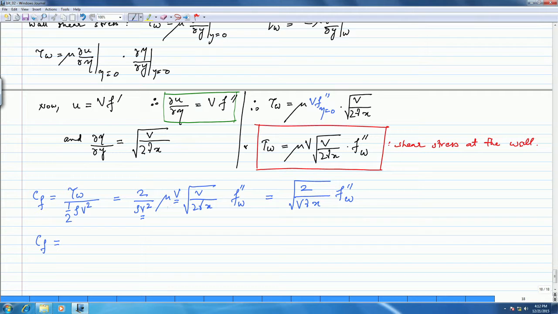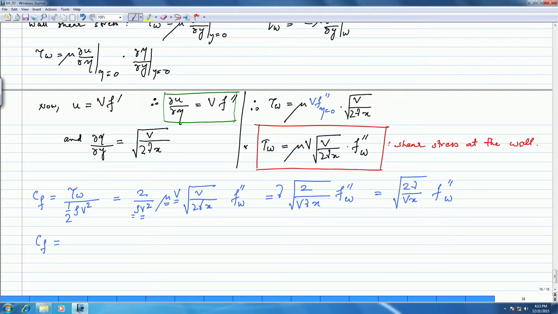What we missed here is that we've got a mu and a rho. So, that will be a mu like that. So, what we will get here is therefore root of 2, nu by V x f double dash w. So, now it makes it clear.